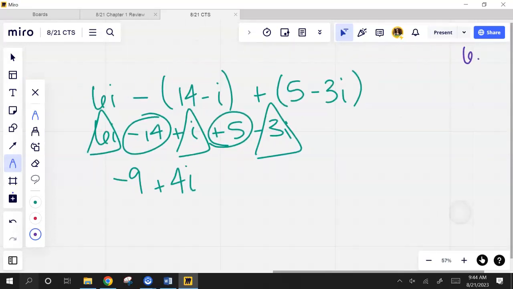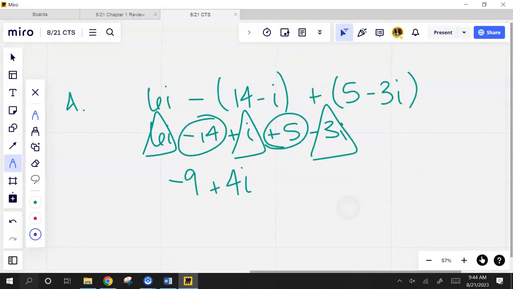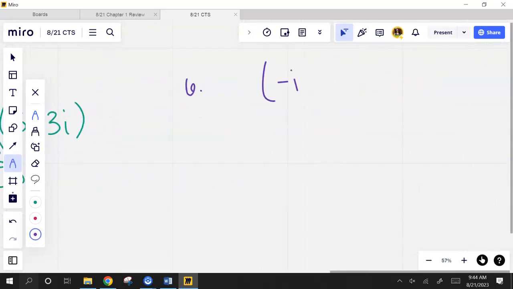Oh, okay. It's not multiplying. It's just combining like terms. Yeah. Four. Yes. All right, number 6.